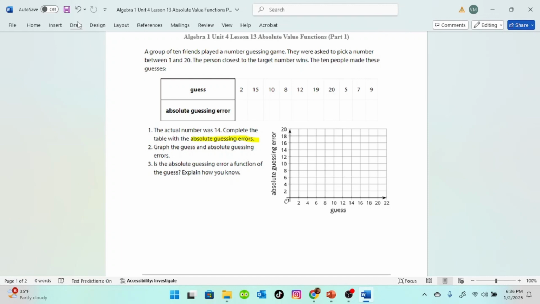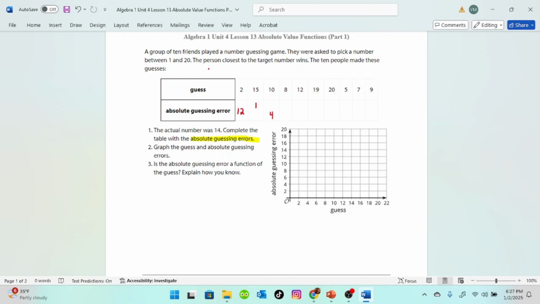So every single one of our answers is going to be a positive answer. So first we have 2, and 2 is 12 away from 14. Next we have 15. 15 is only 1 away from 14. Next guess was 10, and 10 is 4 away from 14.